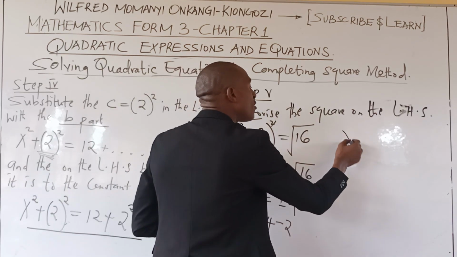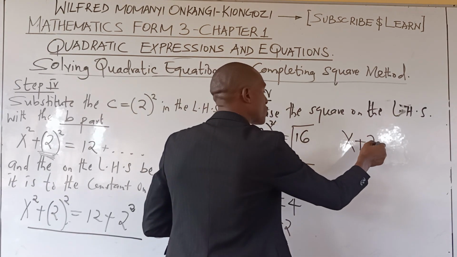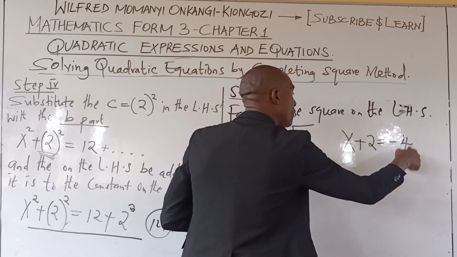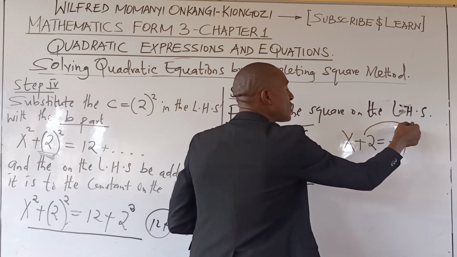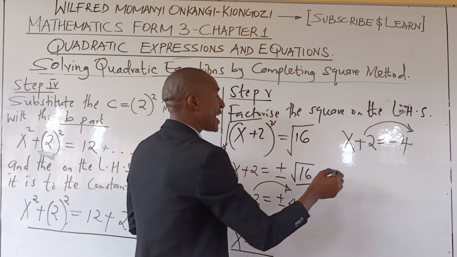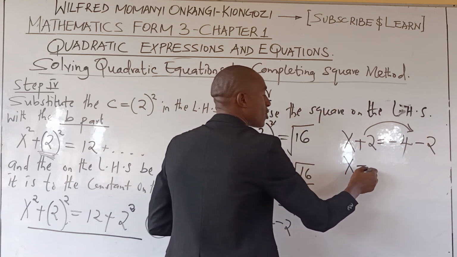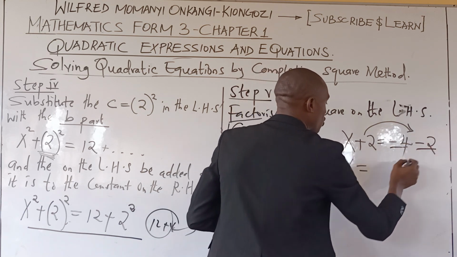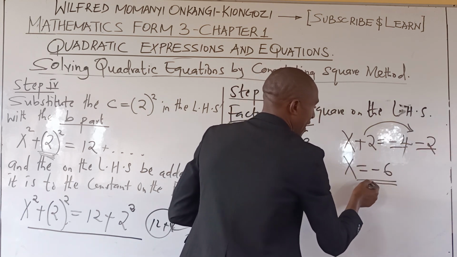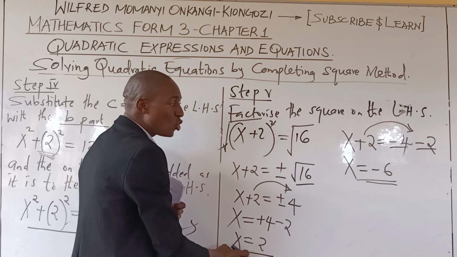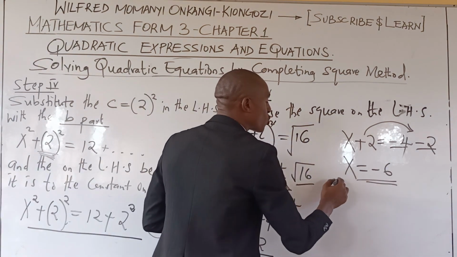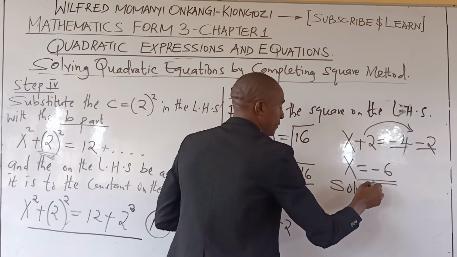That is the first value of x, which is 2. The second value of x comes from x plus 2 equal to negative 4. Then this value crosses the equal sign. It becomes a negative 2. So the second value of x is going to be negative 4 minus 2, which is negative 6. So positive 2 and negative 6 are the two solutions of x.